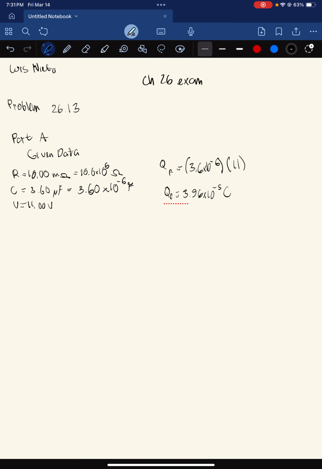Now we'll go with part B. Find the initial current. The initial current is going to be the volts divided by the resistance.